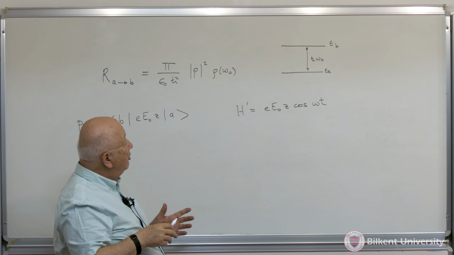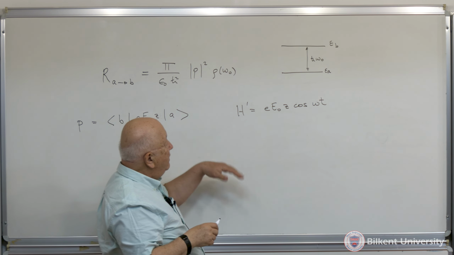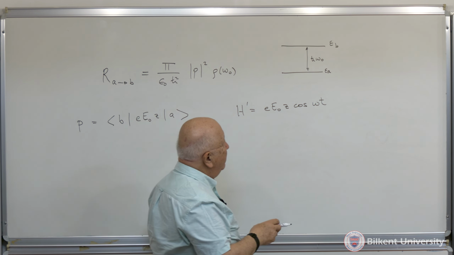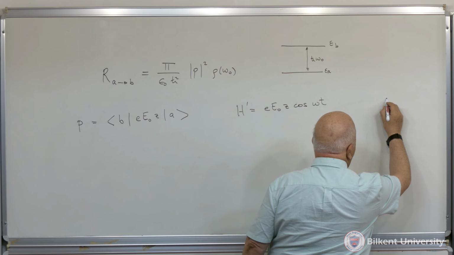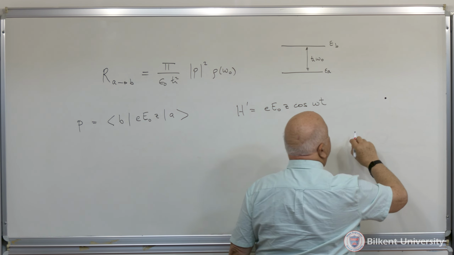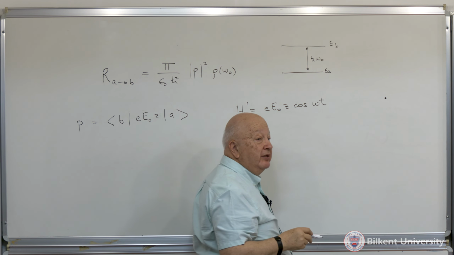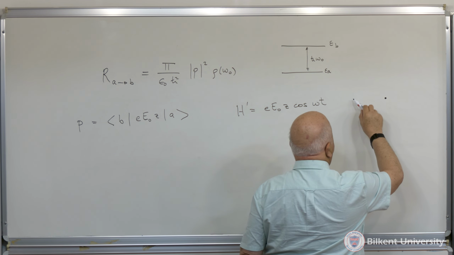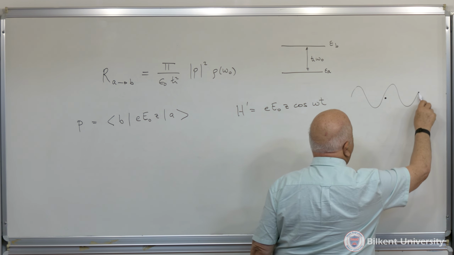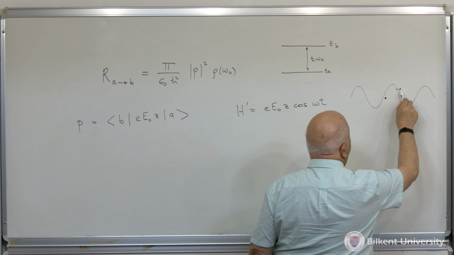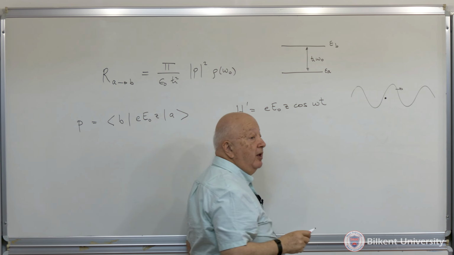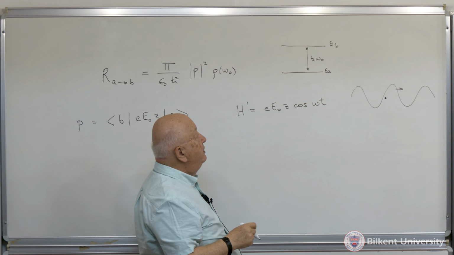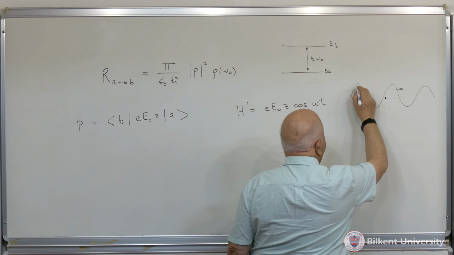First of all, let's see why we have such a potential. Well, we have some object, some atom, whatever, which is quite small, we assume, and is under the effect of an electromagnetic field, which is moving in some direction. And we said, let's choose the electric field.